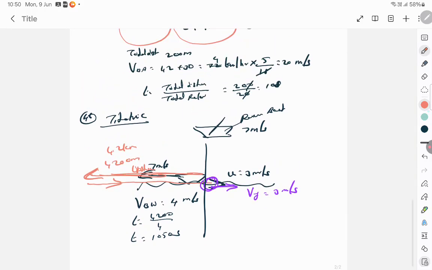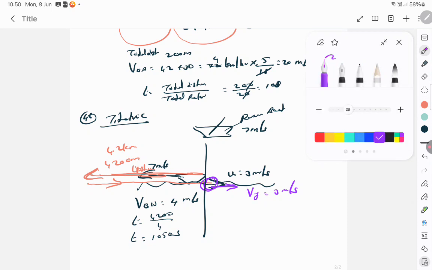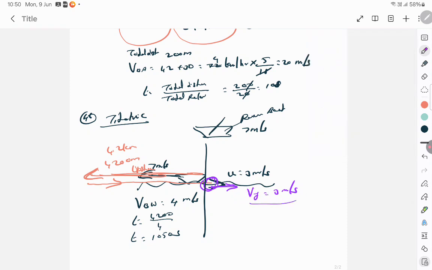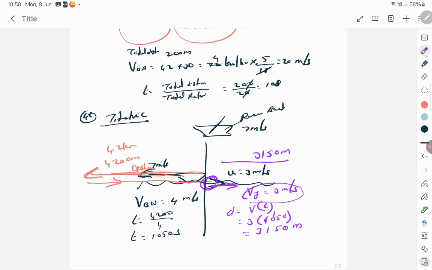But in this time, simultaneously, in these 1,050 seconds, the float carrying a velocity would have moved through a distance of velocity into time, which is 3 into 1,050, which will be 3,150 meters. So this float would have moved through 3,150 meters.